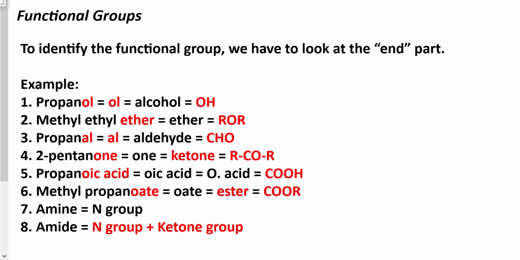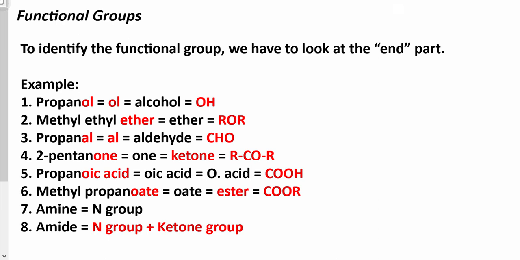Then the next example is 2-pentanone, and the name ends with ONE. So right away, it's a giveaway that the functional group is ketone. Usually the general formula for ketone would be R-CO-R, meaning you have two carbon groups, one on each side.